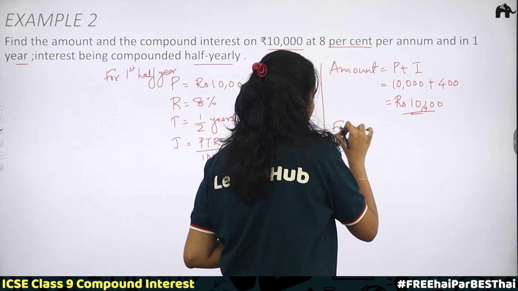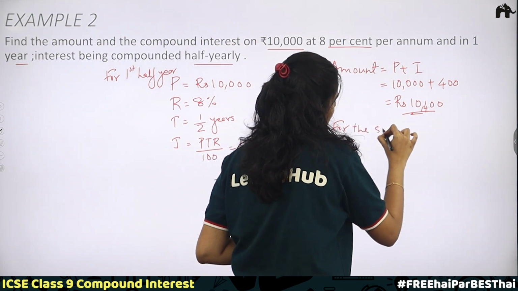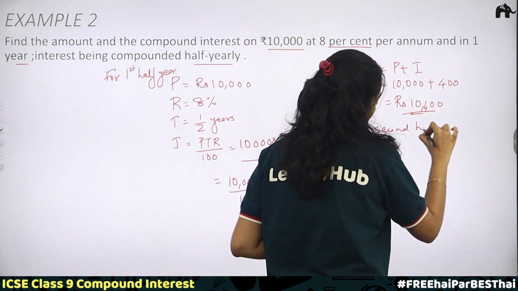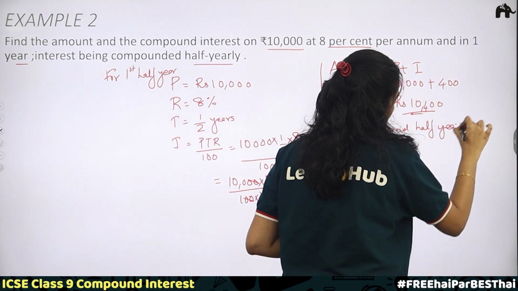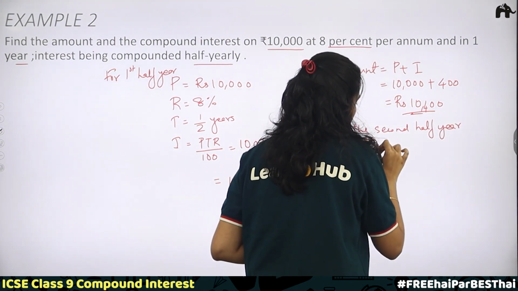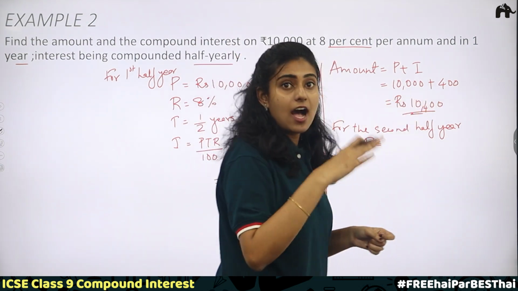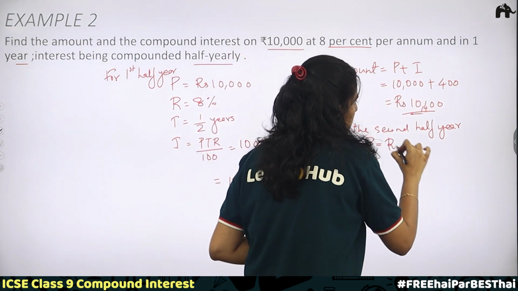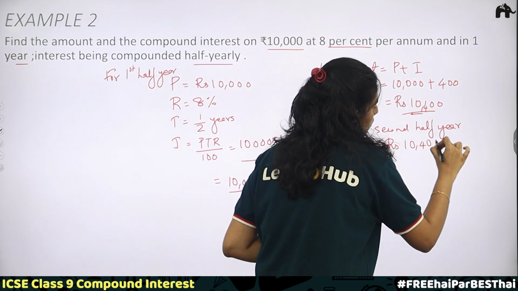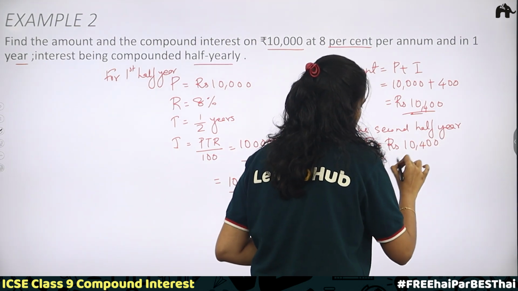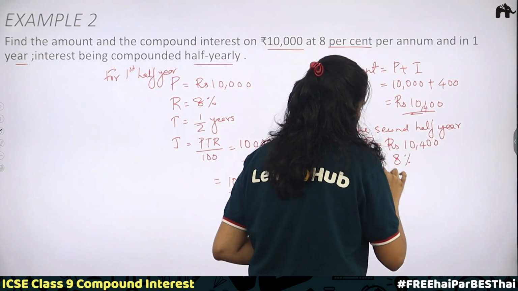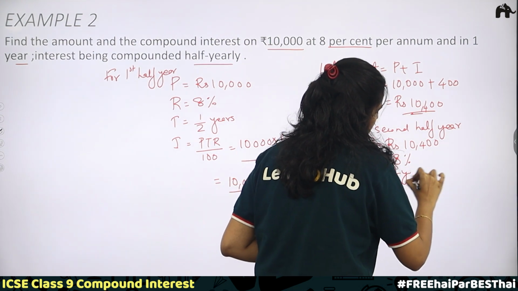Next, for the second half year. For the second half year, now what will be the principal? Here the principal will be this amount which we have got at the end of the half year. Principal will be rupees 10,400. Rate of interest is same, which is 8%. Time will be half year.